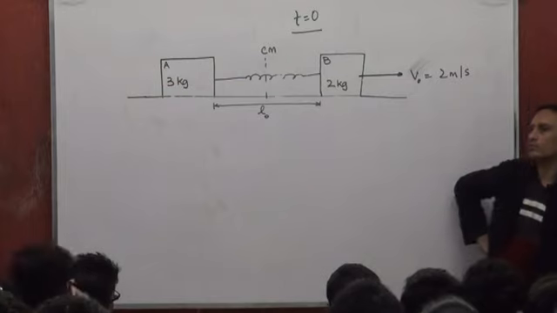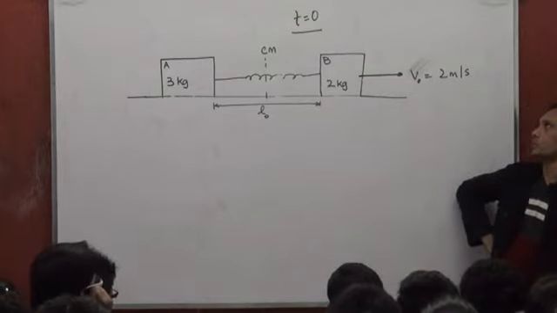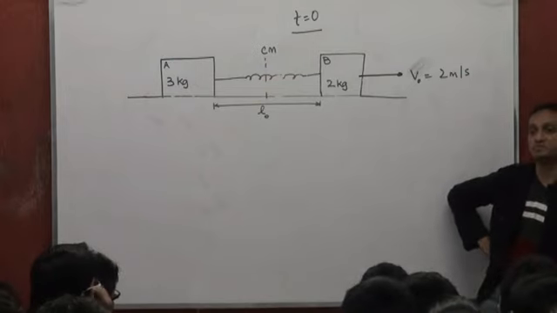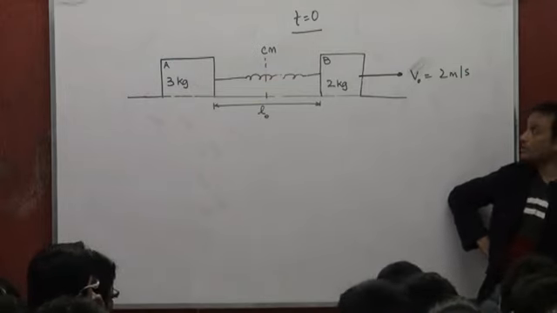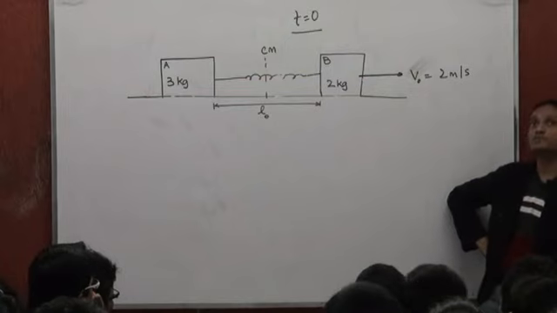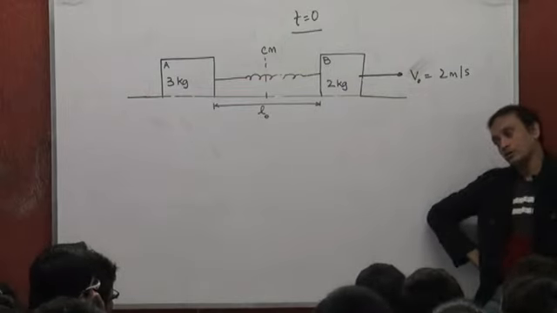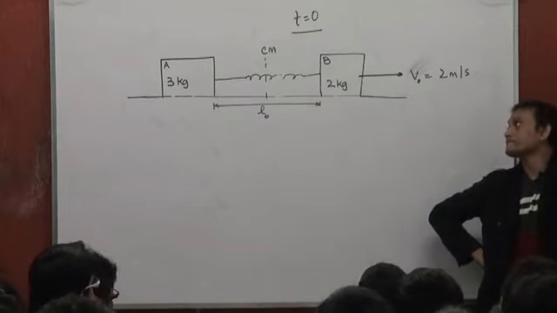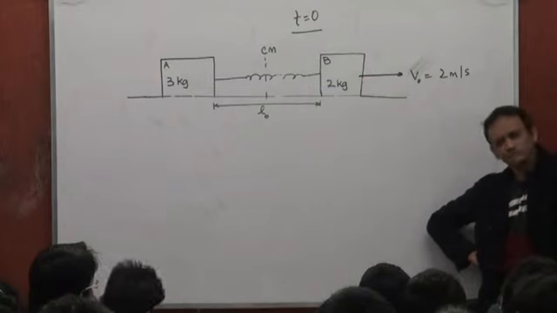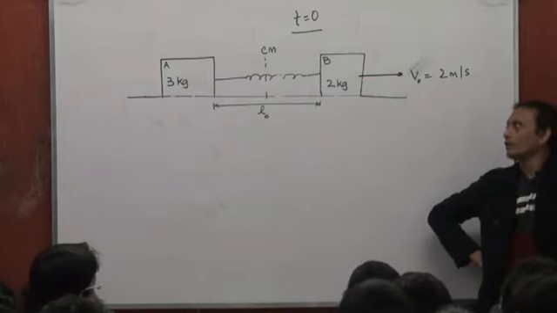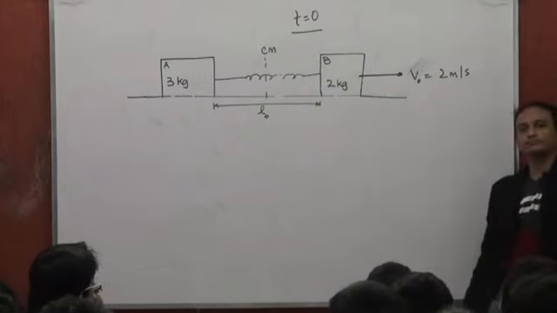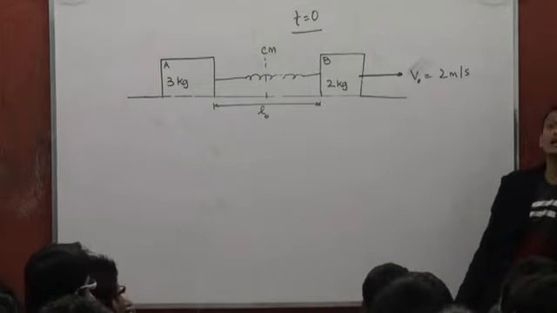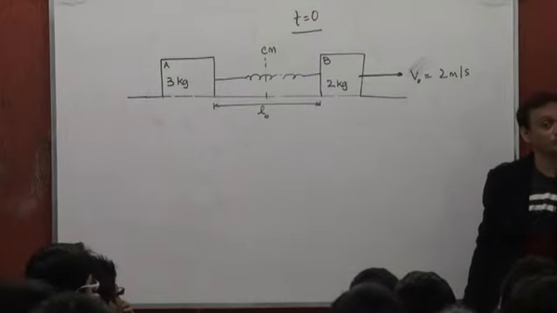Now, look at things not from a ground observer's perspective. Analyze the system from the perspective of a center of mass observer. At time t equal to 0, by giving an impulse to B, I have built up velocity in the center of mass.